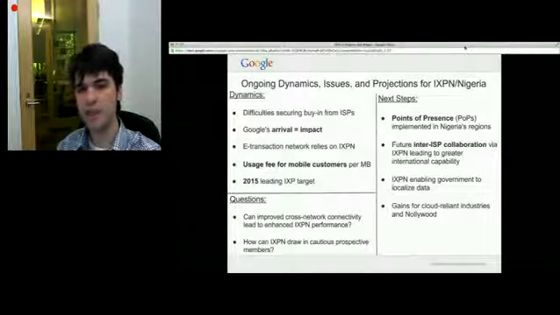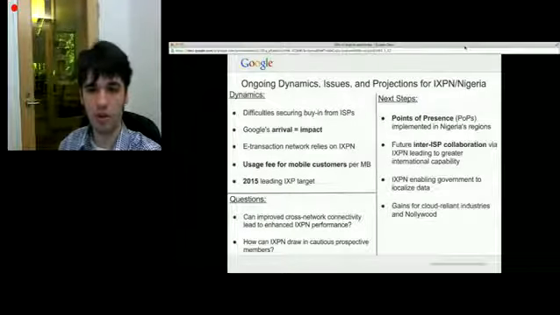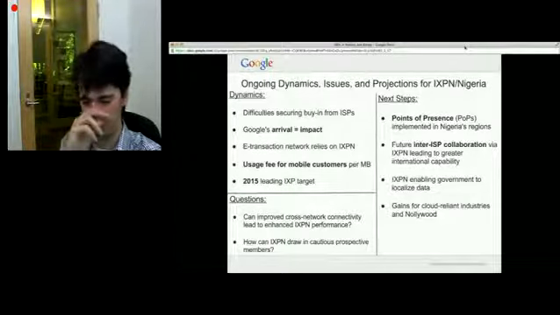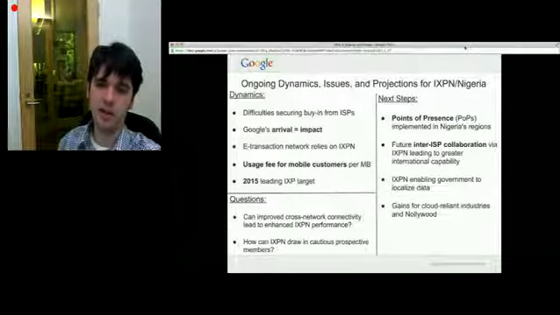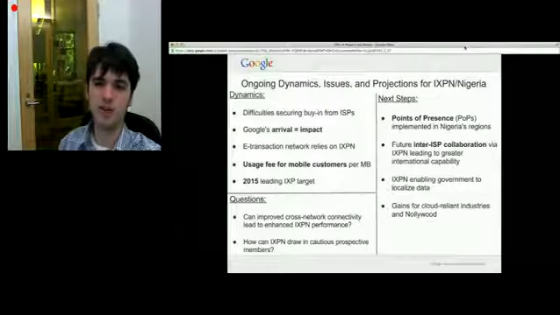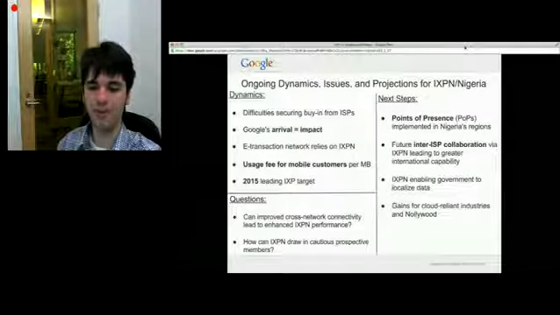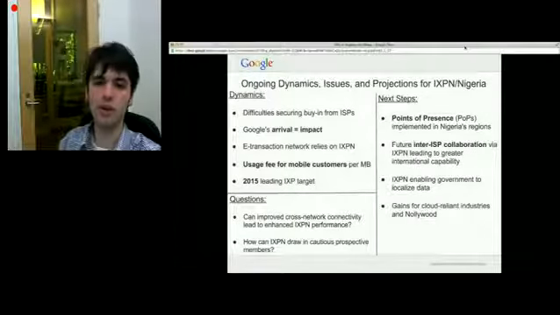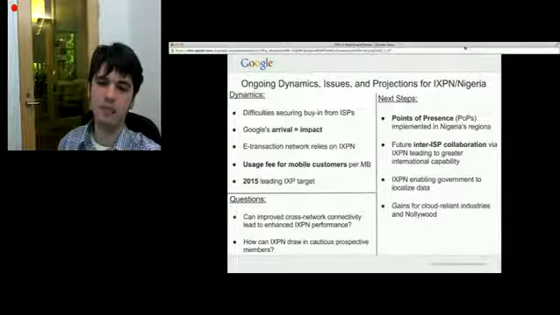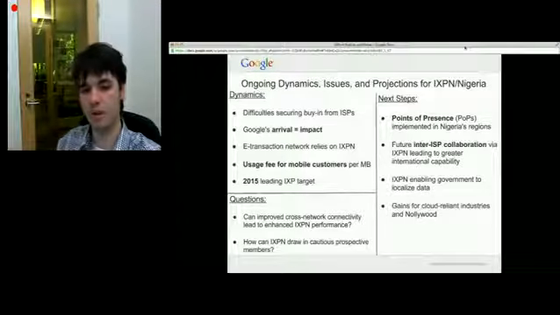In terms of next steps, you see points of presence are really going to be implemented in each of Nigeria's political regions, and what that will do is solidify the IXP and make it so that IXPN is not just a traffic referee, but rather has a toehold in so many different regions, where it is made even more local, not just to the country but to specific regions.